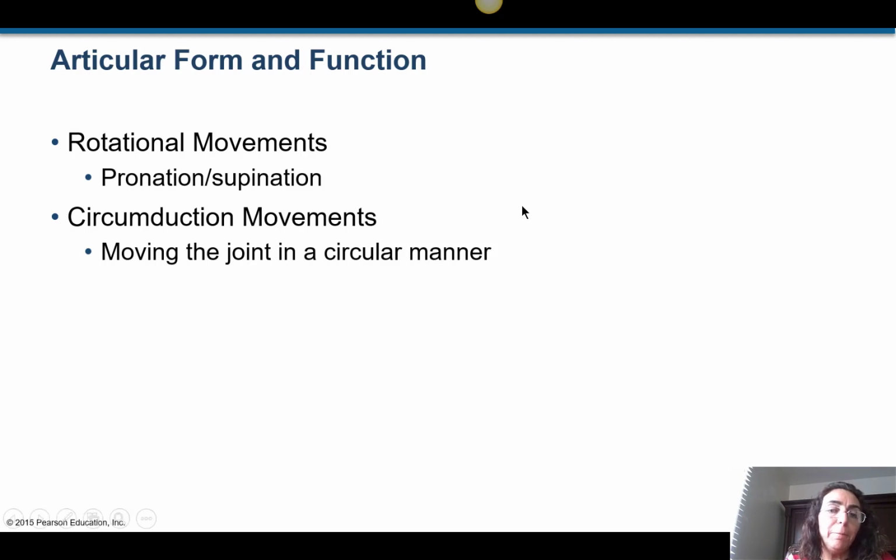So besides the gliding movement and angular movement, we have rotational movement, that is when the movement happens by rotating around the long axis, like for example, pronation and supination in the forearm, right? Remember we had the supine position when the whole body is lying down face up.